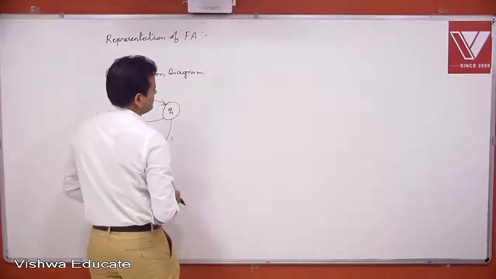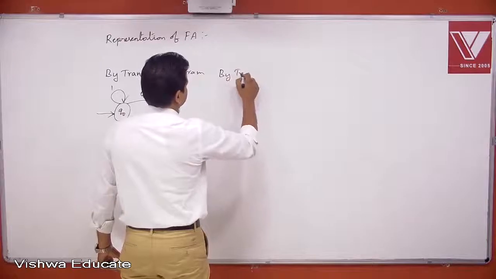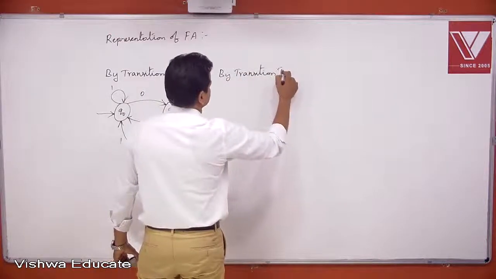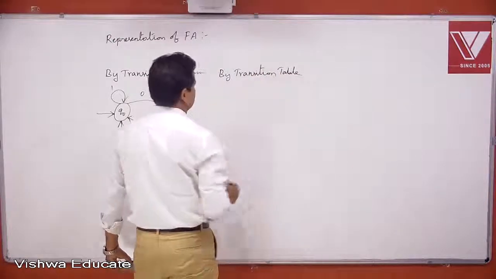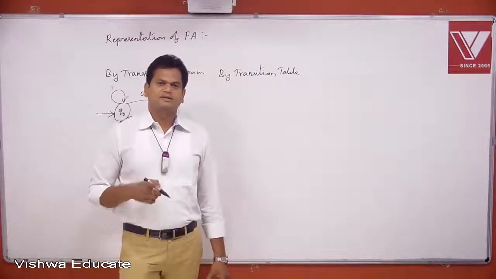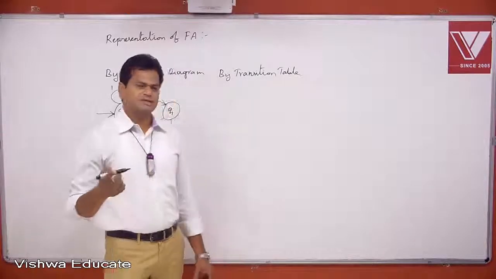The same automata we can represent by transition table. In a transition table, there will be two columns mainly. One is the present state column and the other one is the next state column.